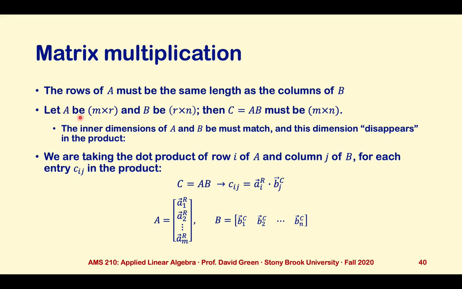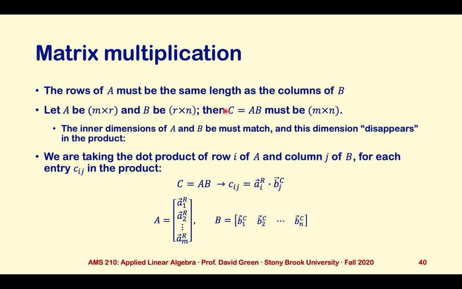If A has M rows and R columns, then B has to have R rows and N columns. We say that the inner dimensions have to match. The number of columns in A, which is the length of the rows, and the number of rows in B, which is the length of the columns, have to match. If they didn't match, we wouldn't have corresponding entries.